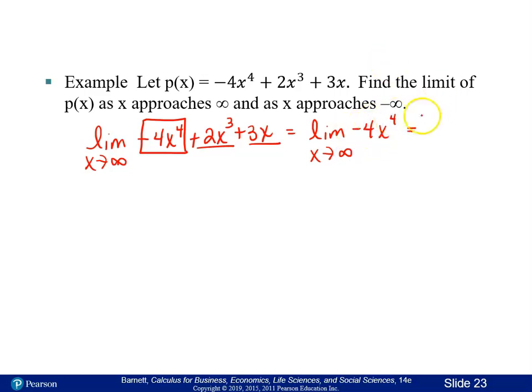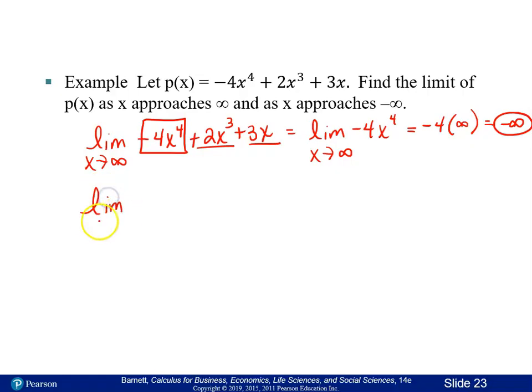Okay, so if I'm putting a really large number in, then this would be like negative 4 times infinity. I really can't plug infinity directly in, but I can see the general behavior. So that's going to go to negative infinity.